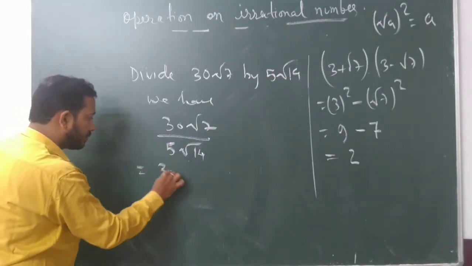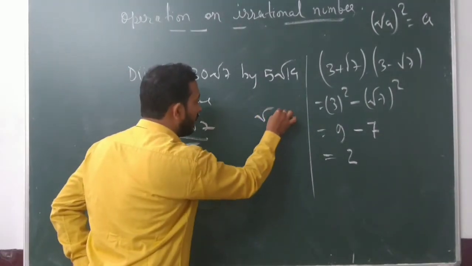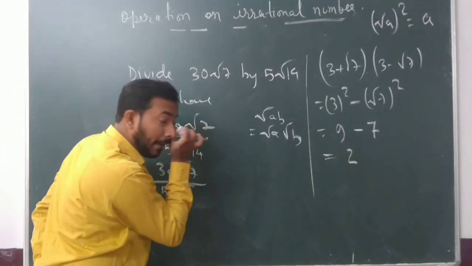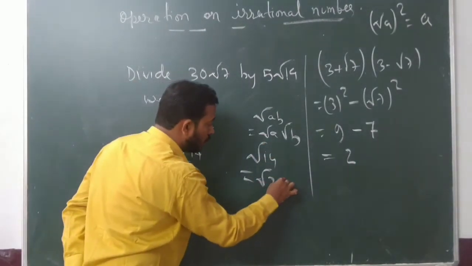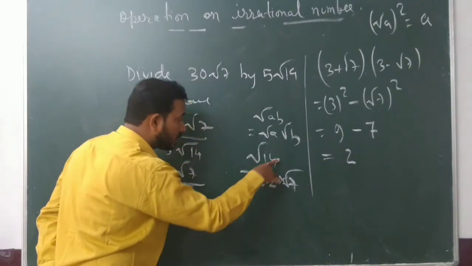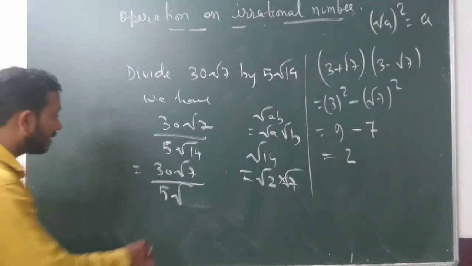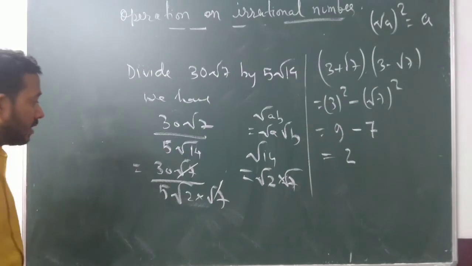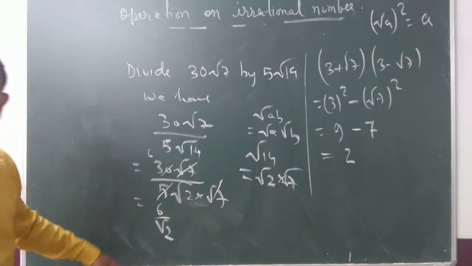And we know that root over AB can be written as root A into root B. Root 14 can be written as root 2 into root 7, because 14 is 2 into 7. So we'll write here root 2 into root 7. The root 7s cancel each other, and we are getting 5 6, that means 6 by root 2. 6 by root 2 we are getting.